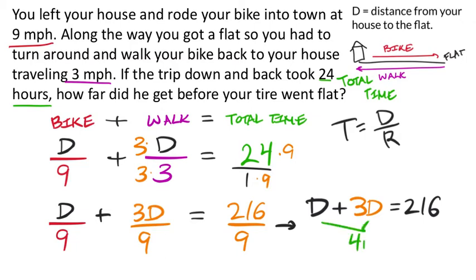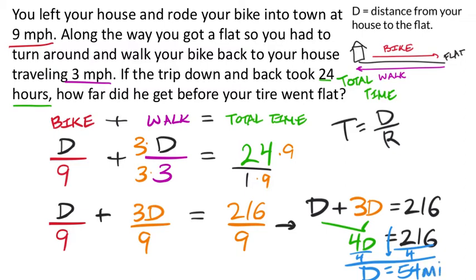So that would be 4 of those distances from your house. It's saying it's the same thing as 216. So finally, to solve this, I would just divide both sides by 4. And so the distance from the house appears to be 54. Now that's 54. We were looking at miles per hour, so that's going to be 54 miles right there. That should be our answer.